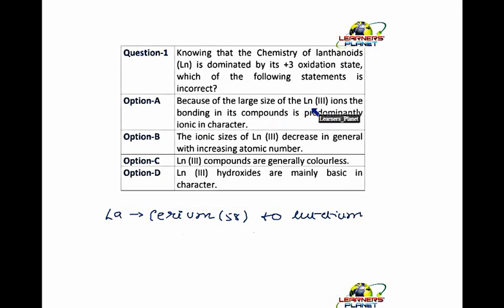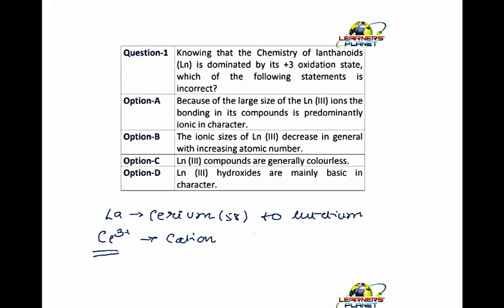Because of the large size of lanthanide 3+ ions, the bonding in its compounds is predominantly ionic in character. Of course, they do have large size. Say if I am taking cerium 3+, it is a large cation. Now, do you remember Fajan's rule? It suggests that the larger the size of the cation, the less its polarizing power.